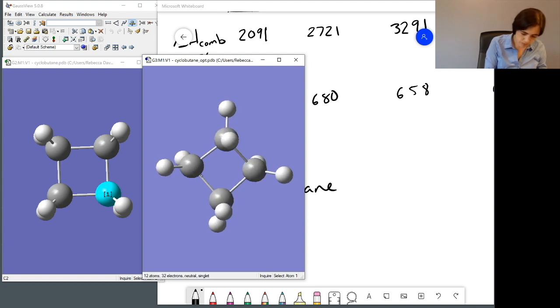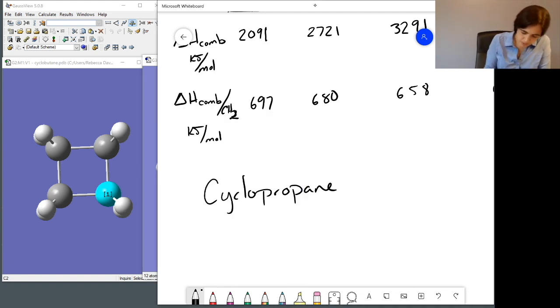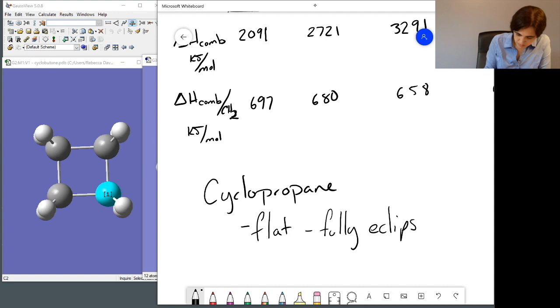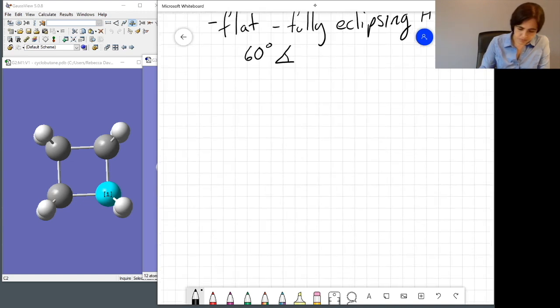So we'll see something closer to 88 degrees in a cyclobutane. So cyclopropane, just to summarize, flat, fully eclipsing hydrogens, and 60-degree bond angles, right?